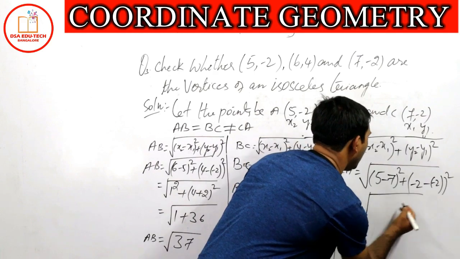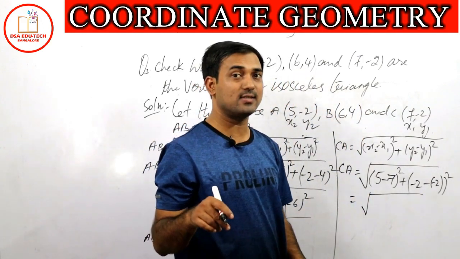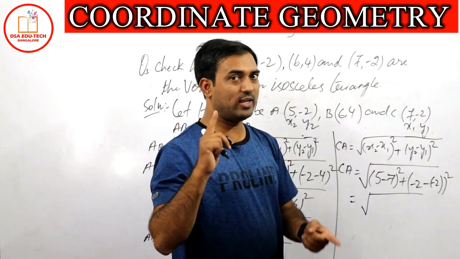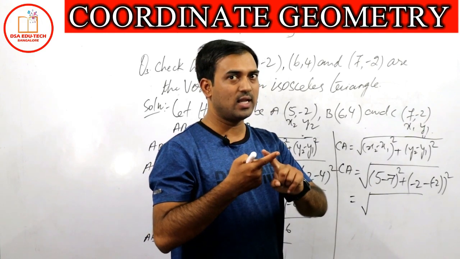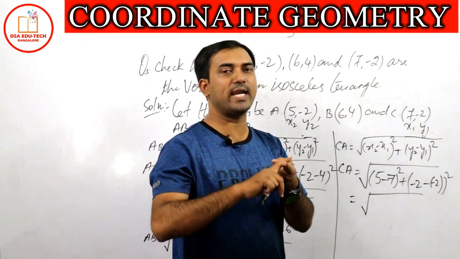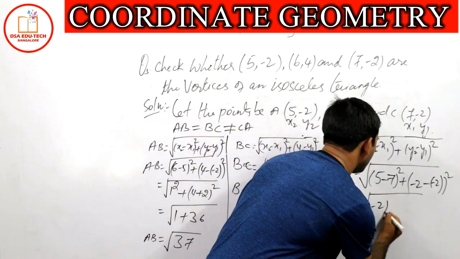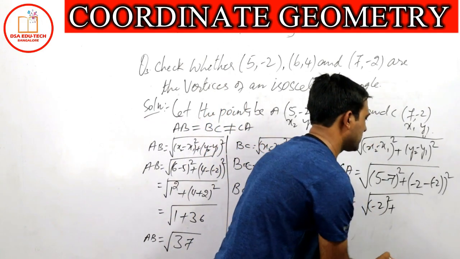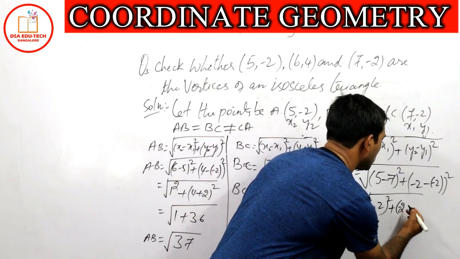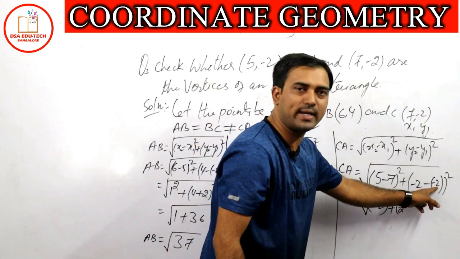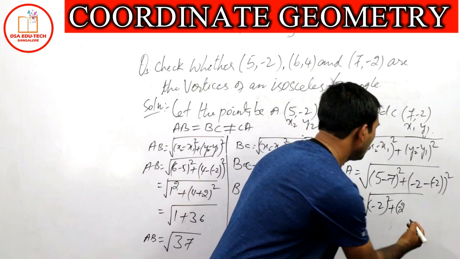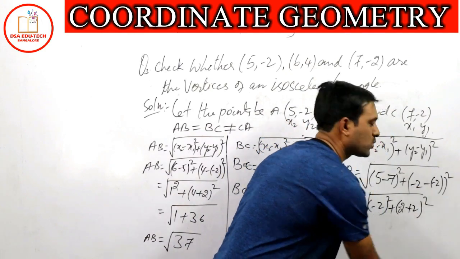Now root under 5 minus 7 is minus 2. When there is one plus and one minus, we subtract them and take the sign of the greater number. So 7 is the greater number. Minus 2 whole square plus minus 2, minus into minus is plus 2, so plus 2 whole square.